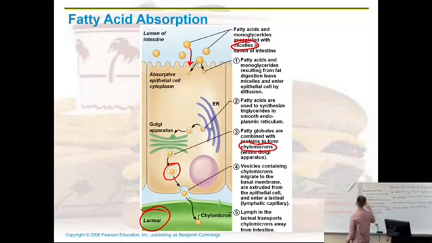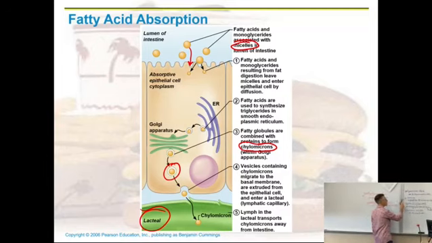Most of our other digestive products that we were talking about before go straight into capillaries that are in all of our villi, right underneath the wall of the intestine. But these packages, these chylomicrons, are too big. We can't jam them into a cardiovascular capillary. So that's why we have those lacteals. The lacteals can handle that. Okay? So for our lipids, like our triglycerides, it's a little bit more complex.